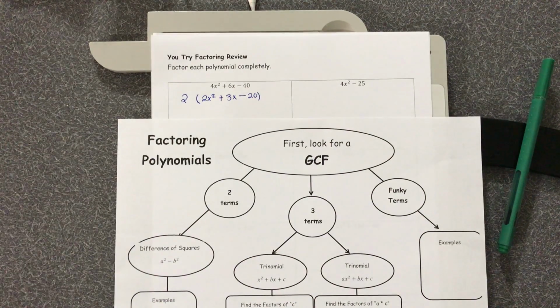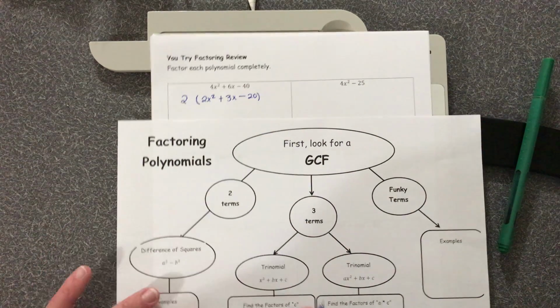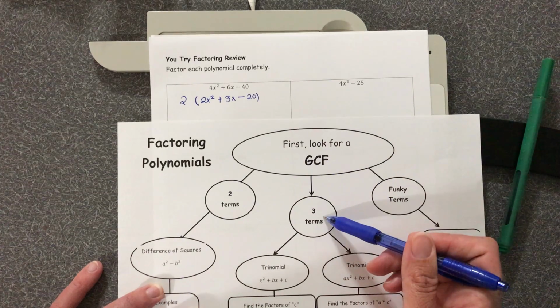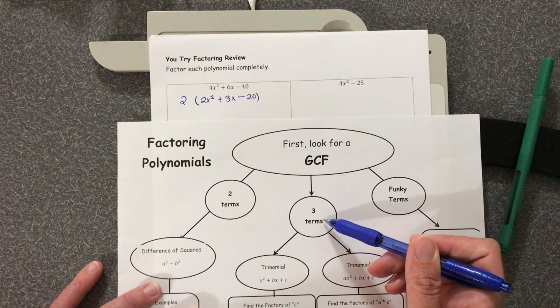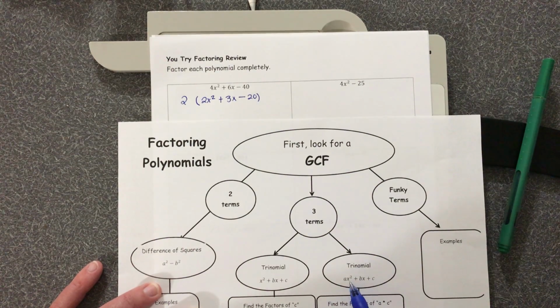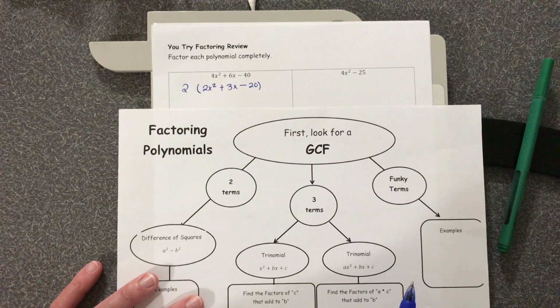Now that I've done that, I've got to look at what I have in my parentheses. So inside my parentheses, notice how I have 3 terms. So that's my middle bubble. And notice now that it falls into that ax squared plus bx plus c. So with that being said, that means we're still factorable.